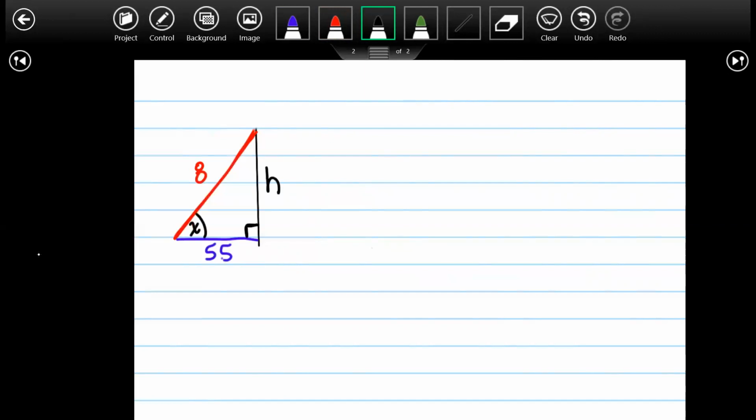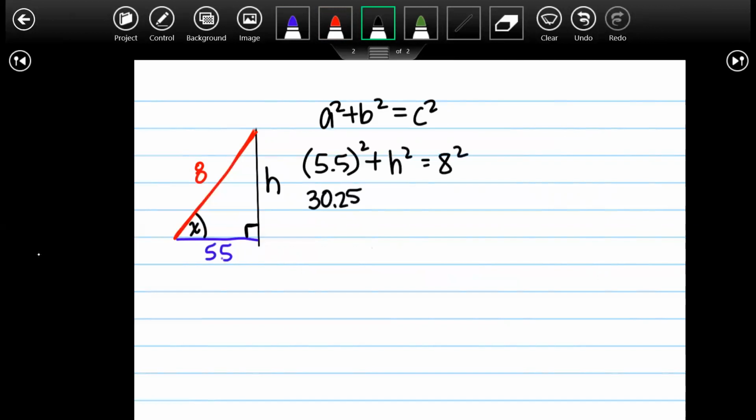What I would do first is use the Pythagorean Theorem to solve for the height of the building. In this case, a squared plus b squared equals c squared. The short side is 5.5 squared plus h squared, which is what we're solving for, equals 8 squared, which is 64. 5.5 squared is 30.25.